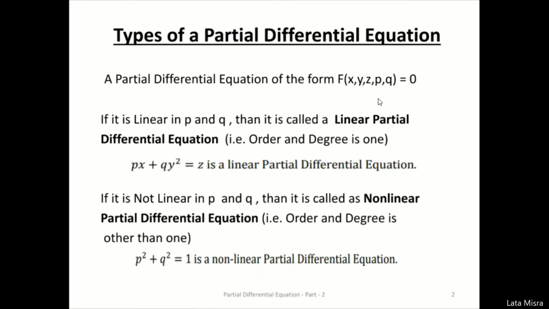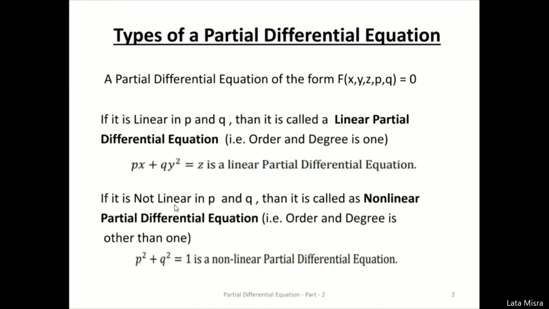Partial differential equations are of two types, linear and non-linear. If p and q are linear, or we say the order and degree of the partial differential equation is 1, then it is a linear partial differential equation. For example, px + qy² = z is a linear partial differential equation.